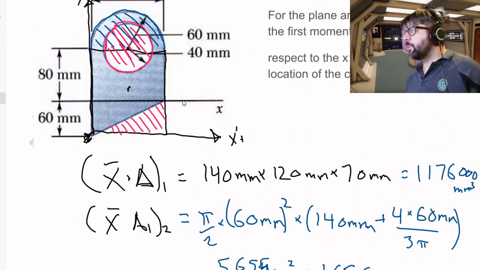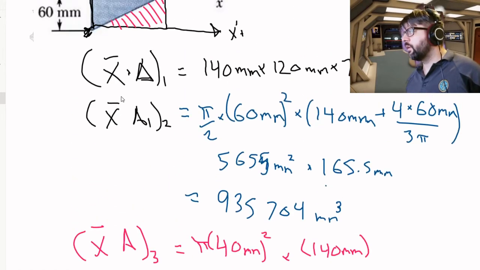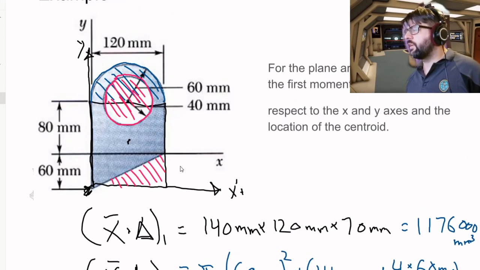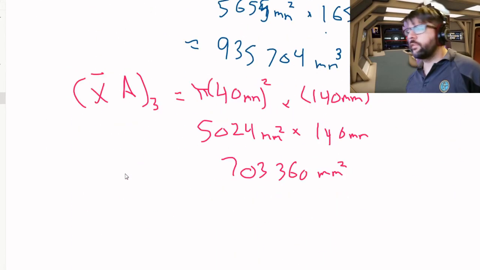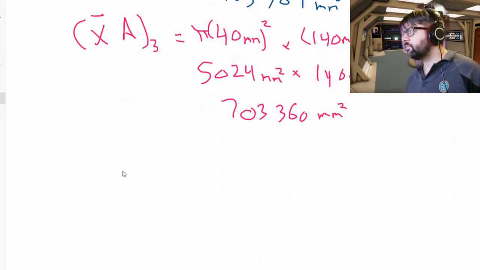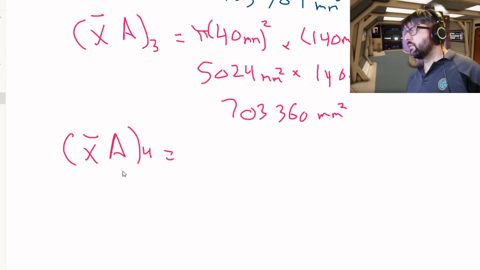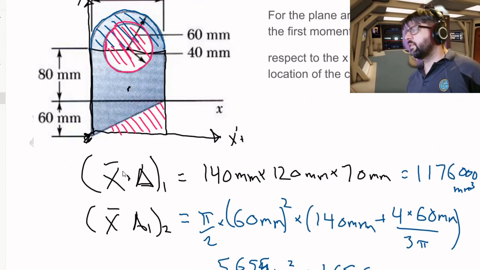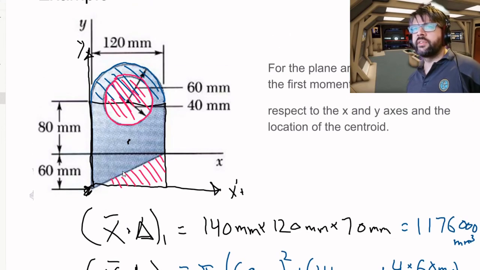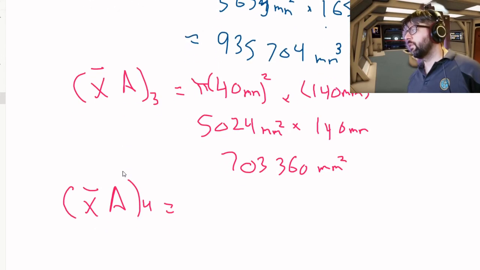Next up, we have our second thing to subtract, our little triangle there. The area of that is the base times the height divided by 2, so 60 times 120 divided by 2.